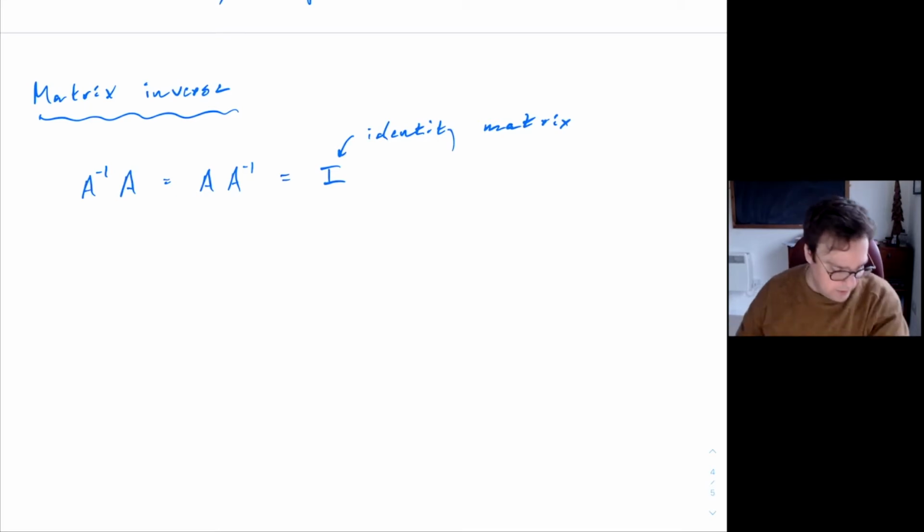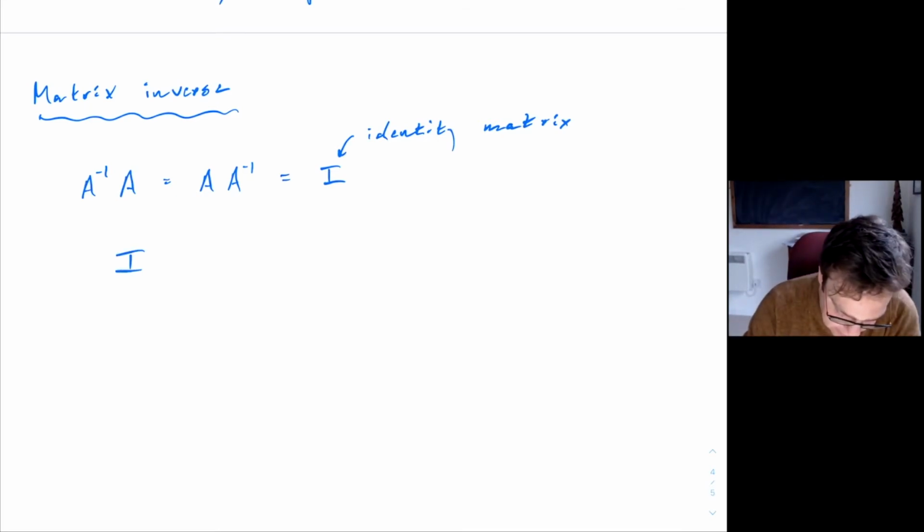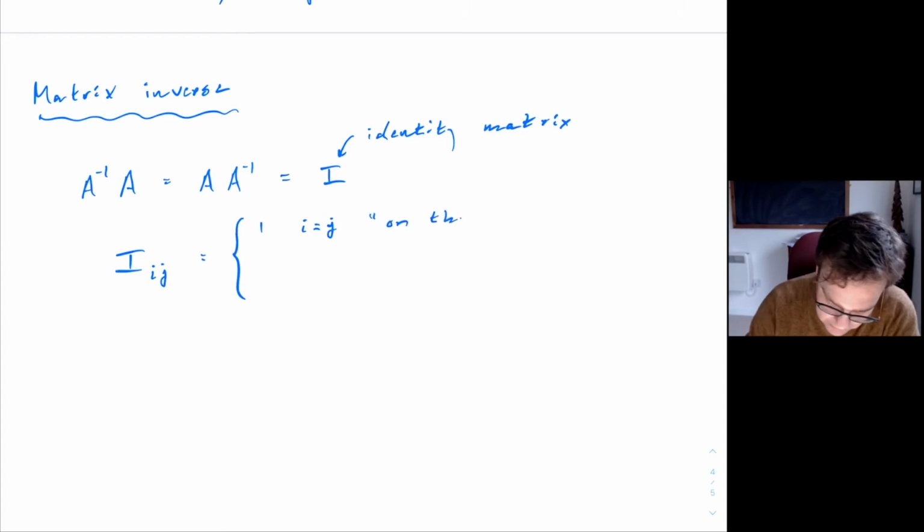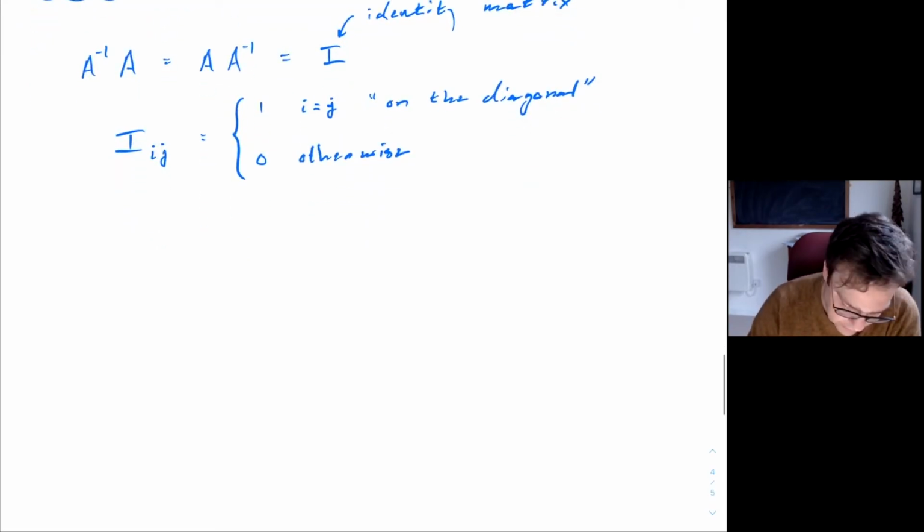So it's like the number 1, and I looks like this: I, row i, column j, is equal to 1 if i is equal to j, along the so-called on diagonal, on the diagonal of the matrix, and it's 0 otherwise, so off the diagonal.